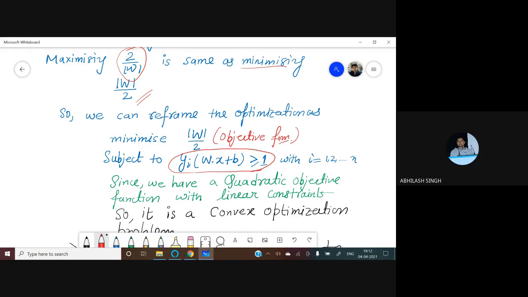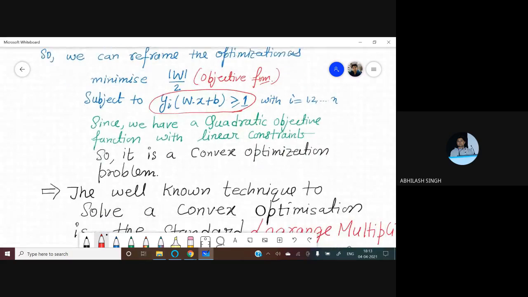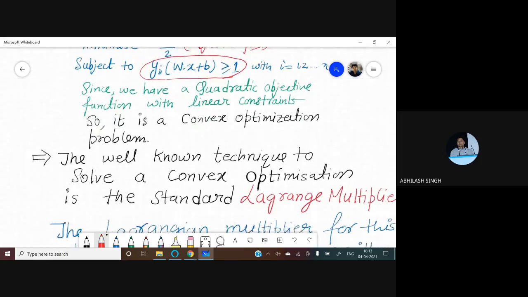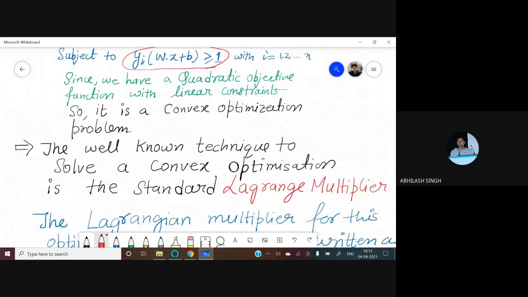So this type of optimization problem comes under the umbrella of convex optimization. And the famous algorithm that people use to solve a convex optimization problem is the Lagrange multiplier method.